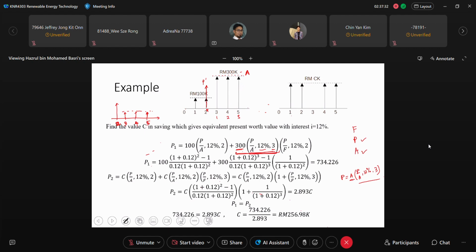I put P prime simply because this is not the real present value. From the view of the whole project, from 0 to 5, this one is not the real present value. If you wish, you can call it a simulated present value. But one thing for sure is this value is not the real present value.